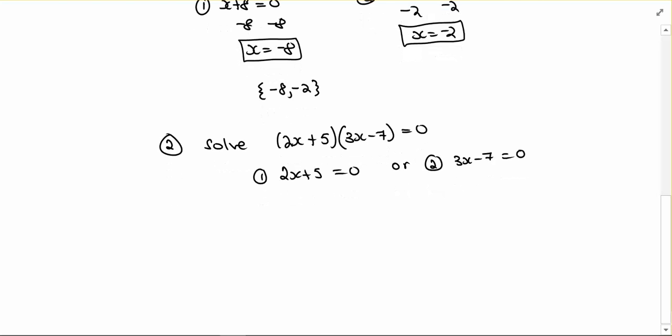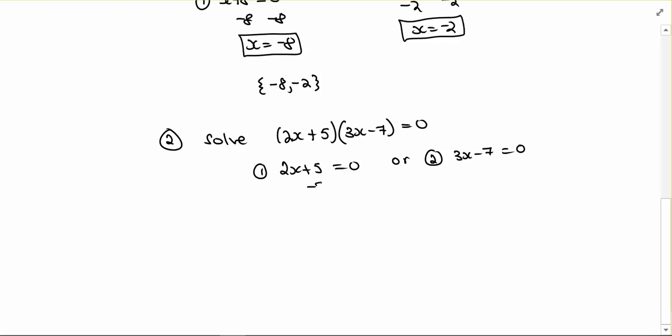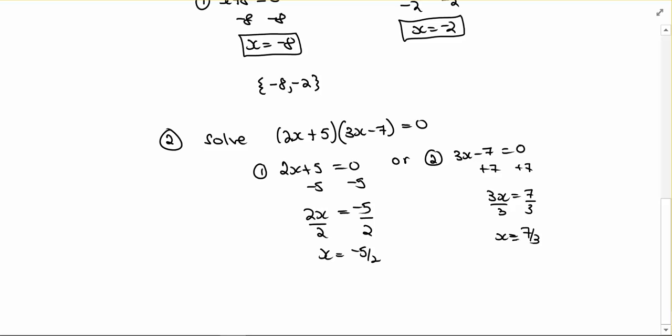And so you can solve each of these on their own and get yourself your answer. x equals negative 5 halves. Add 7 to both sides: 3x is equal to 7, divided by 3, and x is equal to 7/3.